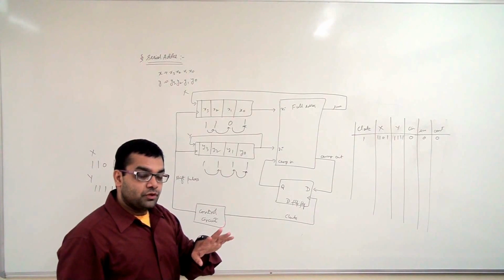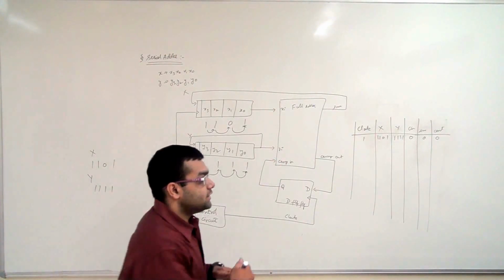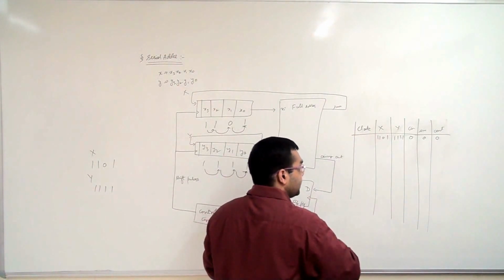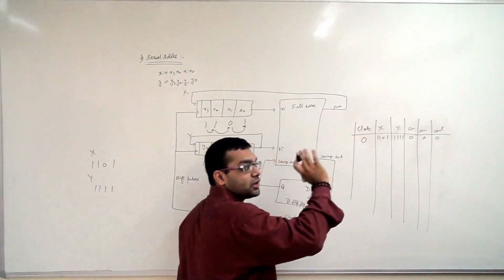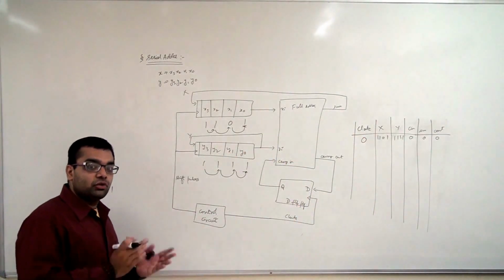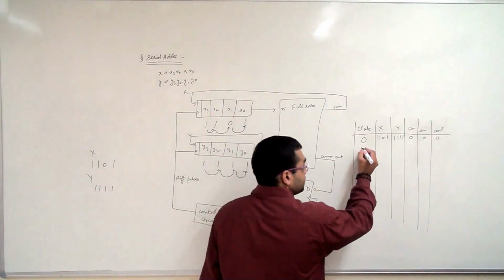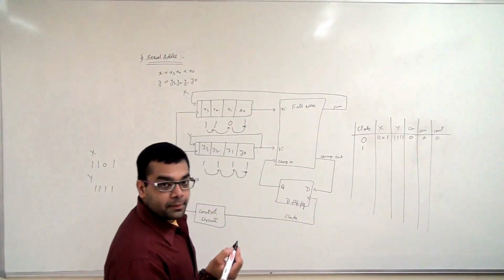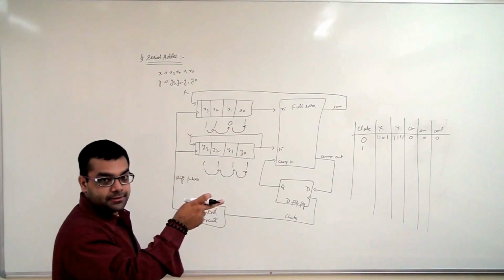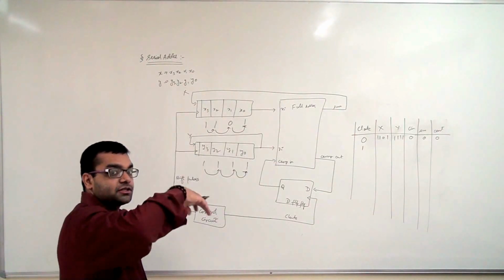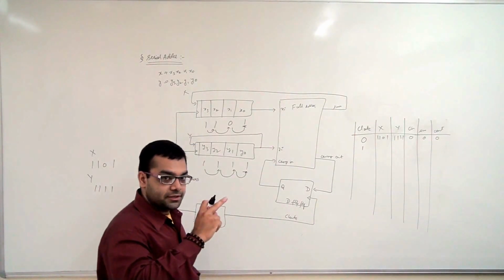So what will happen? Initially, this is the configuration. I will not number it clock 0; I will number it this way. That is, initially we have loaded the values. Now when the first clock cycle comes, addition will take place and the value will be transferred. All the things will take place simultaneously.